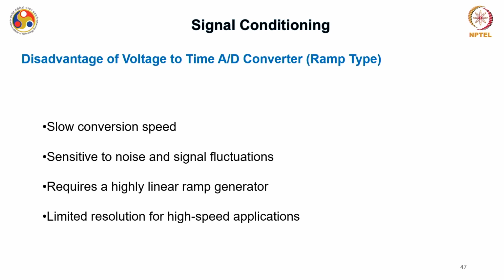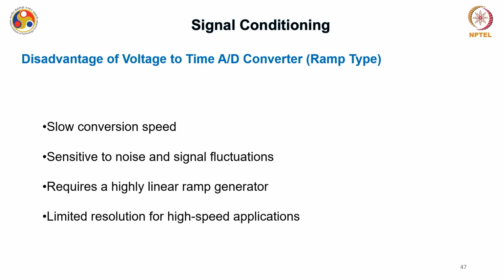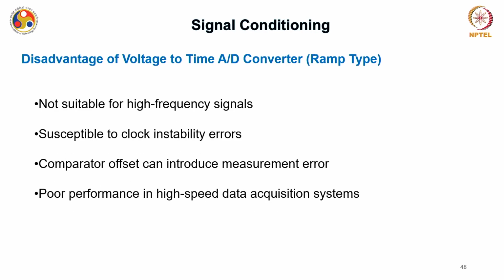That is because the conversion speed is slow, and that itself is one of the disadvantages of this AD converter. They are also sensitive to noise and signal fluctuation, and require a highly linear ramp generator, which is sometimes impossible to get. They have limited resolution for high speed applications, which is why I mentioned they are mostly suitable for slow conversion applications.